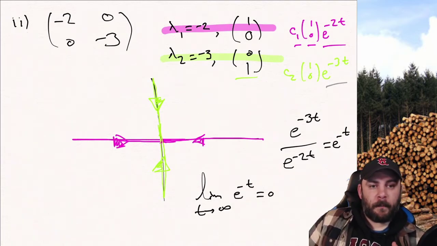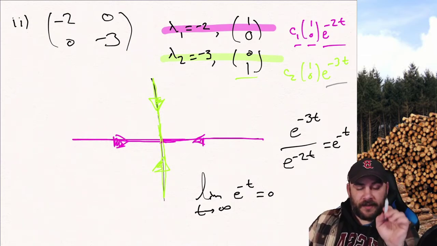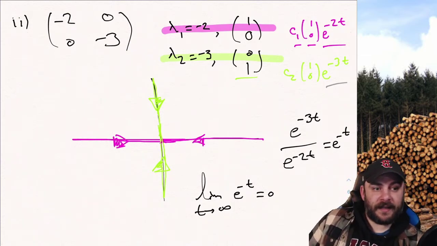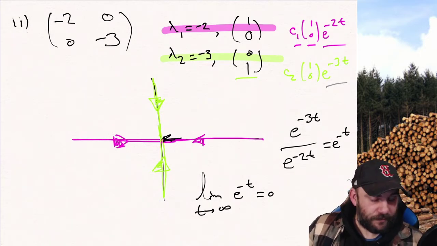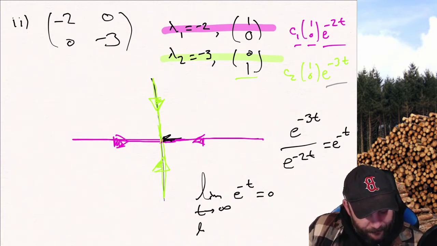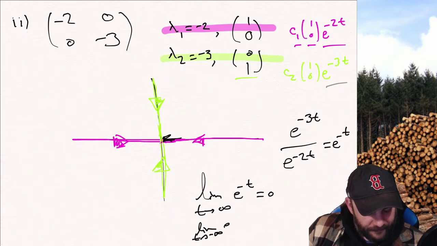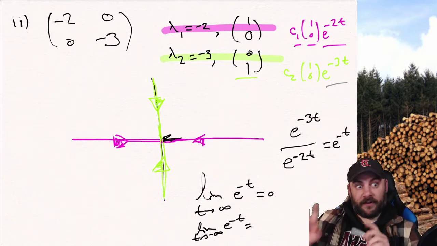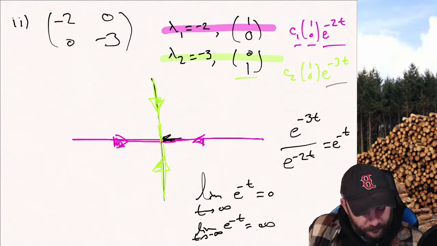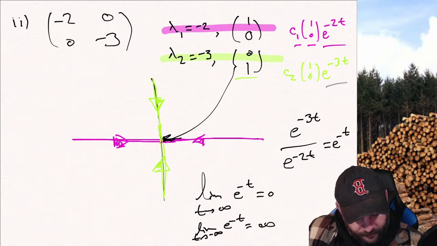So I know my trajectory needs to be flat by the arrowhead, not straight up and down. So I want it to be something like this. That's beautiful. And the limit as time goes to negative infinity of e to the minus t, so this is if I start at the head of the arrow and go back to where the trajectory starts, this goes to infinity. So it's got to be kind of straight up and down.